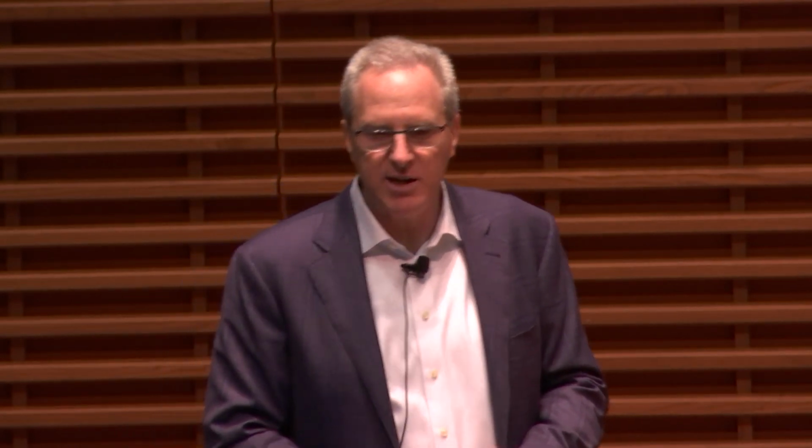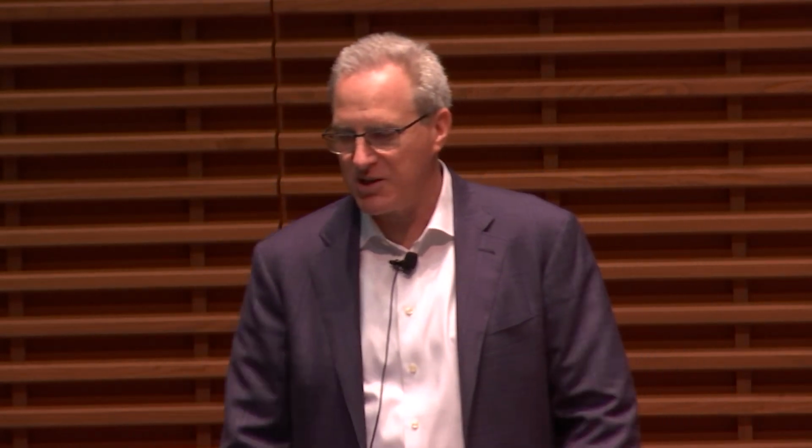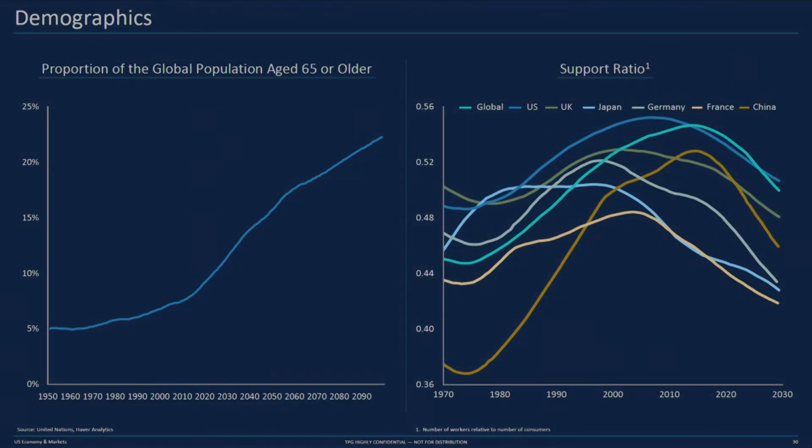The next big secular trend that we're going to have to deal with over the next 15, 20, 25 years, it's all about demographics. And demographics always drive a big part of economic conditions. One of the most inexorable factors that we can predict is an aging population. Longer lifespans and fewer babies, meaning the world is getting older.